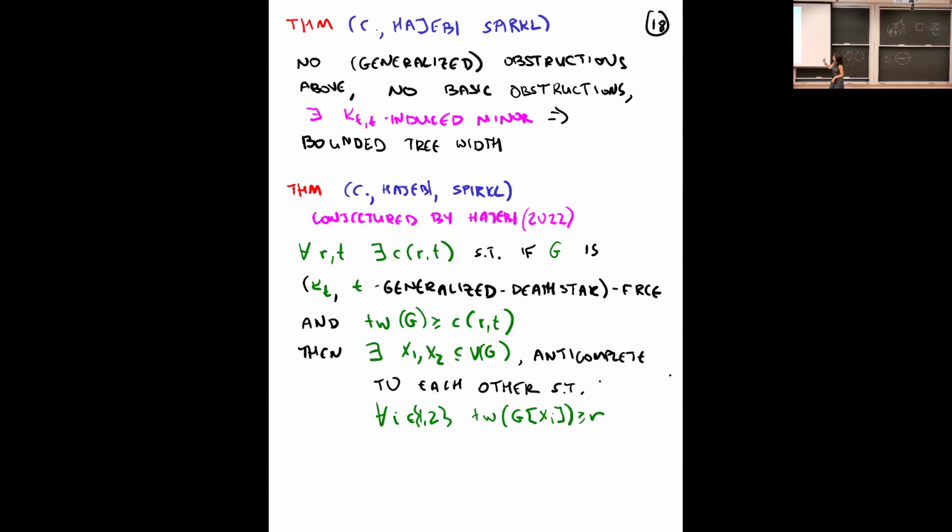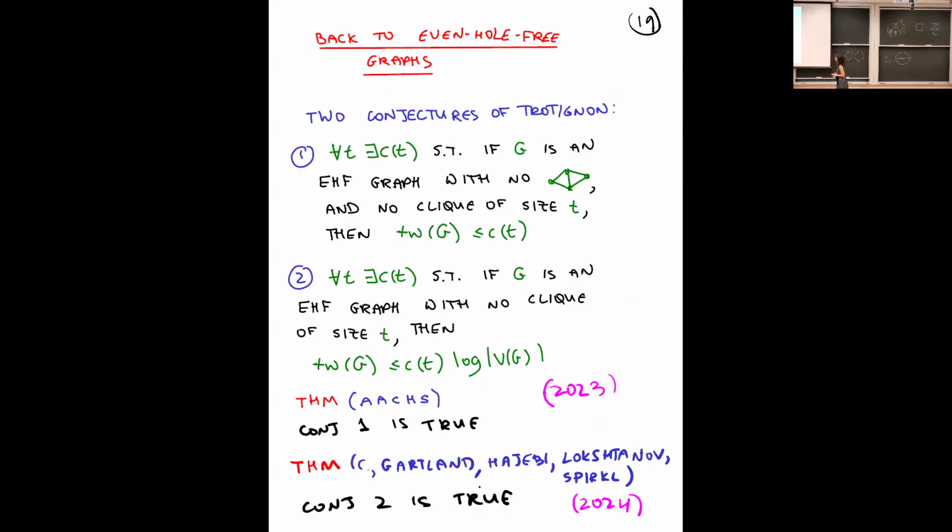Okay, so now remember I told you I would come back to what Trotignon and Sintiari and Trotignon said, trying to fix the problem that they created, where they showed the world doesn't work well.